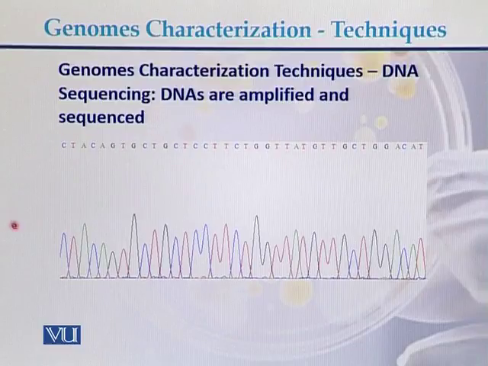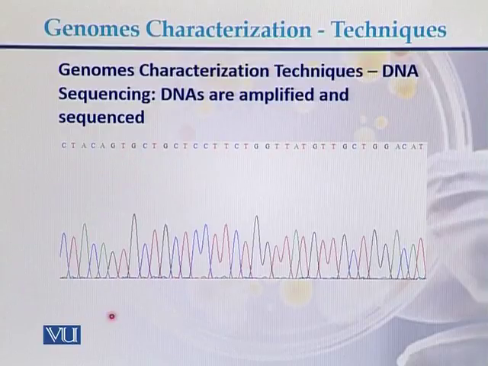When we sequence the DNA, we see peaks: this blue peak is cytosine, a red peak is thymine, a green peak is adenine, and this black peak is guanine.